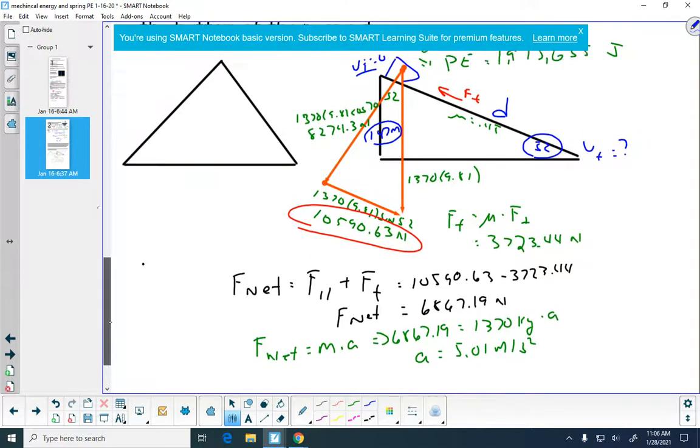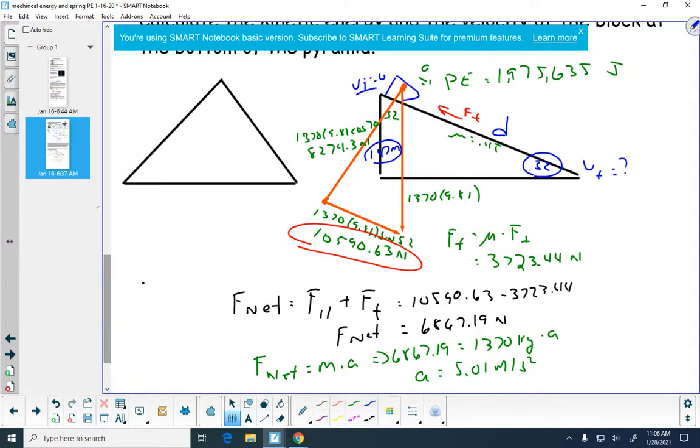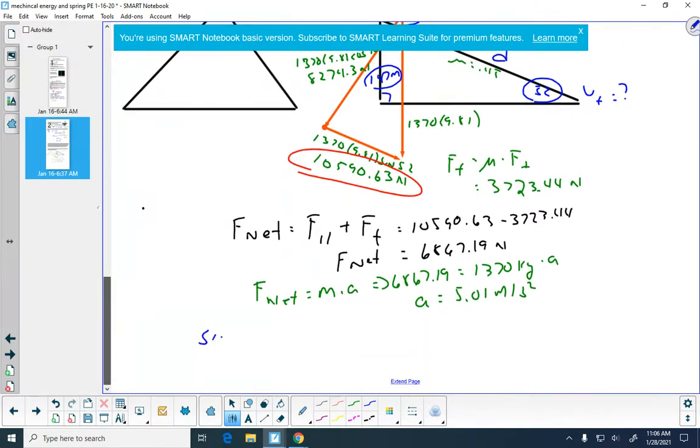Lucas? The sine, that's correct. So we have the sine of 52 degrees equal to 147 over d. So we can multiply both sides by d and divide by the sine of 52.